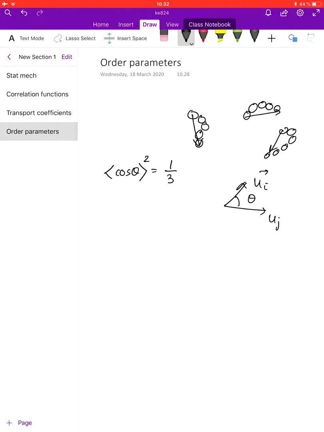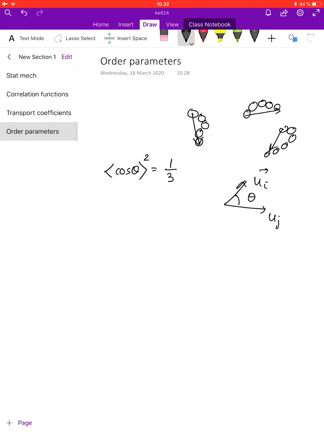One can then define a second order parameter called P2, which is defined in this way: P2 = (3 cos squared theta minus 1) divided by 2, where the mean is taken over all elements and at all times.